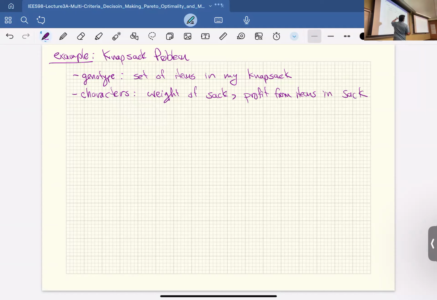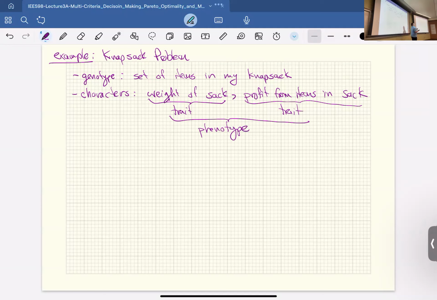So the idea here is I've got this knapsack of items maybe that I'm going to sell. Maybe it's guaranteed that I'm going to sell them all, but I can only carry so many. So I have these two characters, and each one of the values of this is a trait, and these two together are my phenotype.